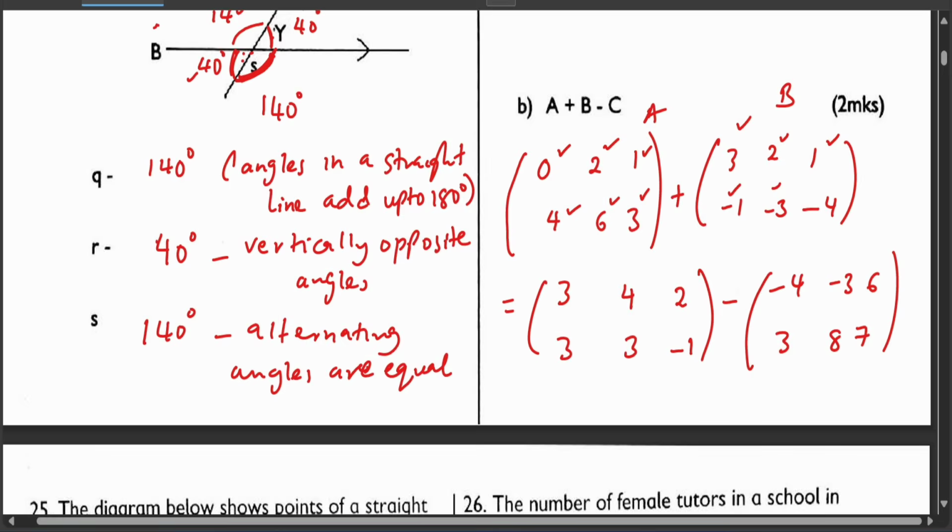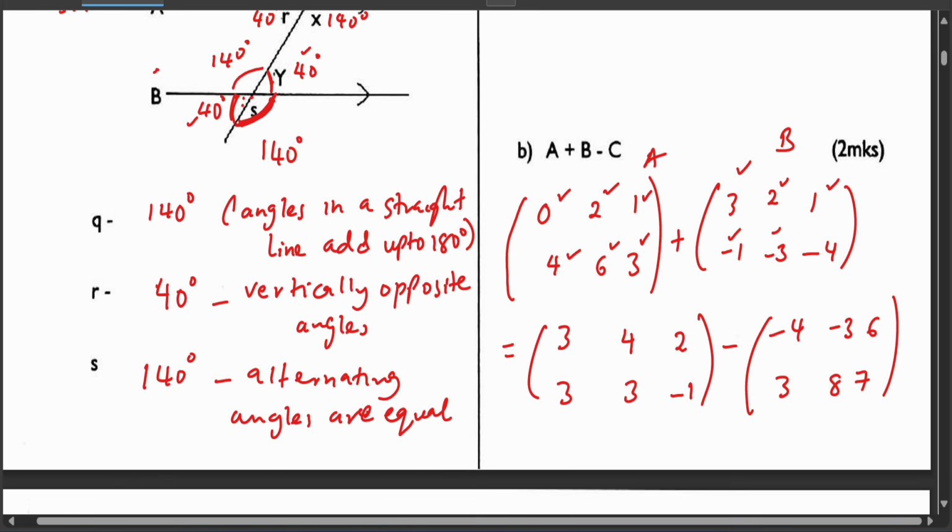Let me just write the answer for this one here up top. So 3 minus negative 4 is just 3 plus 4, which is 7. 4 minus negative 3 is 4 plus 3, which is also 7.